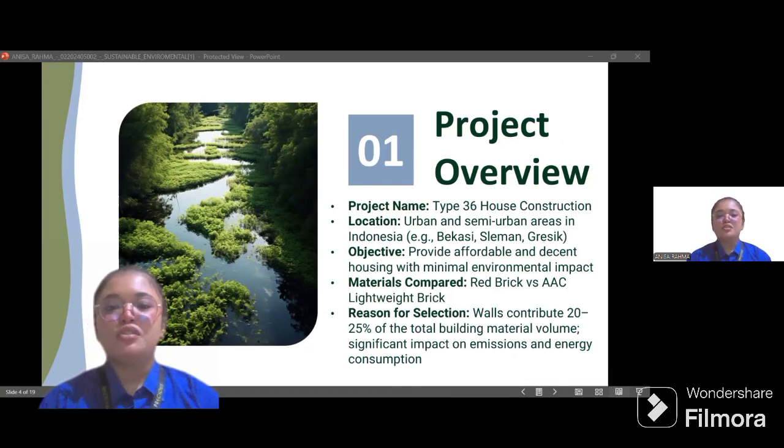It's often produced through manual and small-scale processes and tends to have high energy consumption. In contrast, AAC is a modern alternative that is increasingly popular due to its lightweight nature, thermal insulation properties, and installation efficiency.